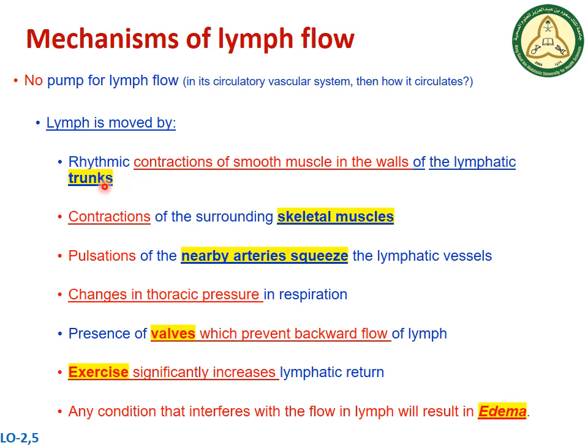The first one is rhythmic contraction of the smooth muscles in the walls of the lymphatic trunk. Lymphatic trunks are larger in size and contain smooth muscles. Just like in vasoconstriction and vasodilation, these smooth muscles are circular and may cause contraction, like peristaltic movement in the small intestines.